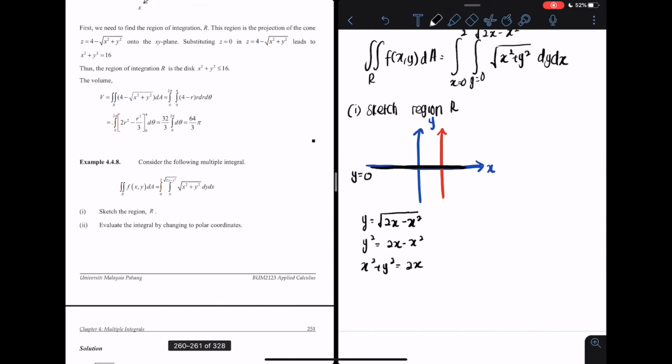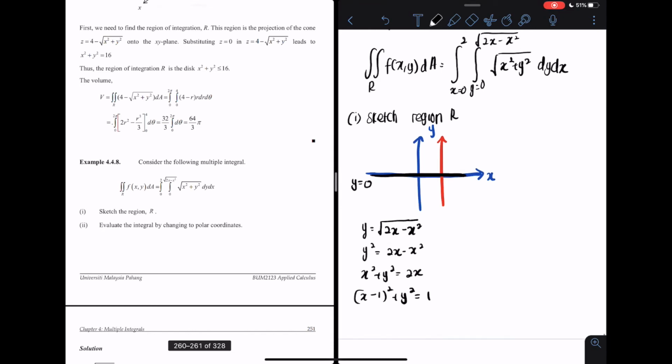By right, this equation will produce a family of circles according to what we have learned in topic 1.5. Then by using a proper method, which is completing the square, you will get x minus 1 squared plus y squared is equal to 1, which is a circle centered at 1, 0 with radius equal to 1.